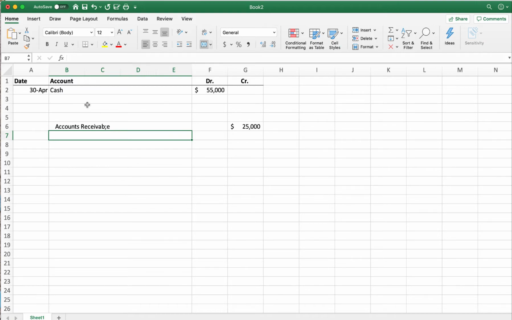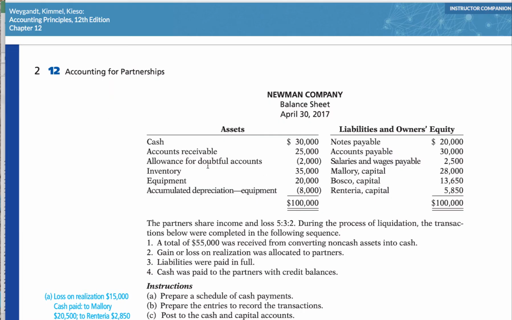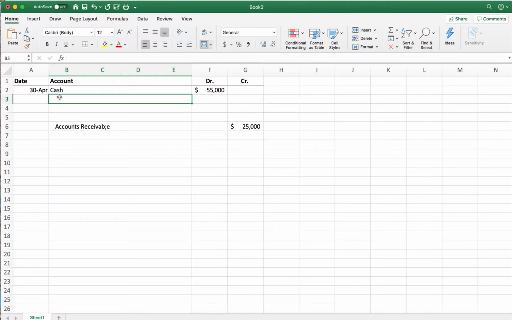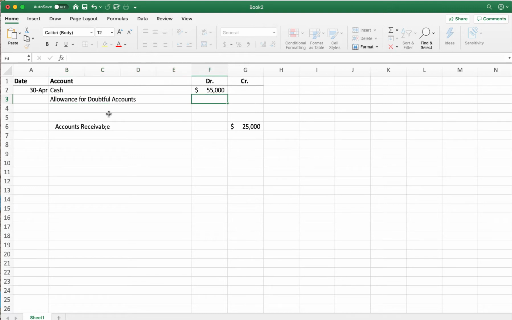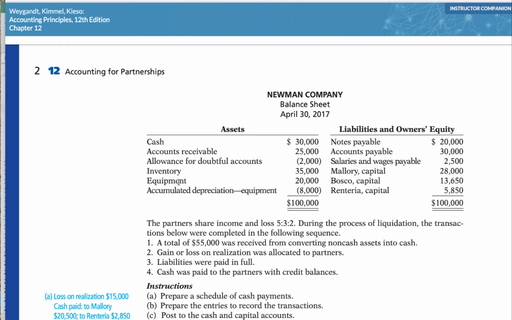I need to get that off the books. It's on the books right now for $2,000. Remember, it's allowance for doubtful accounts, a contra asset account. That means it has a credit balance. So I need to debit this. So I'm going to debit allowance for doubtful accounts for $2,000.